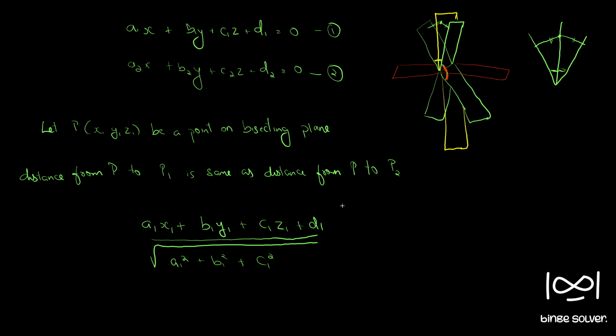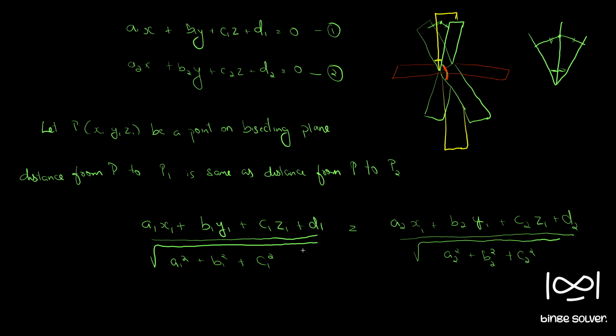Now, to plane 2, to say that these two distances are equal, the distance from (x1, y1, z1) to plane 2 will be (a2x1 plus b2y1 plus c2z1 plus d2) divided by the root of a2 square plus b2 square plus c2 square.